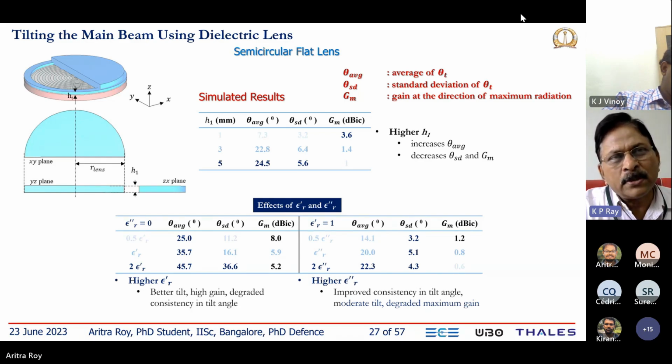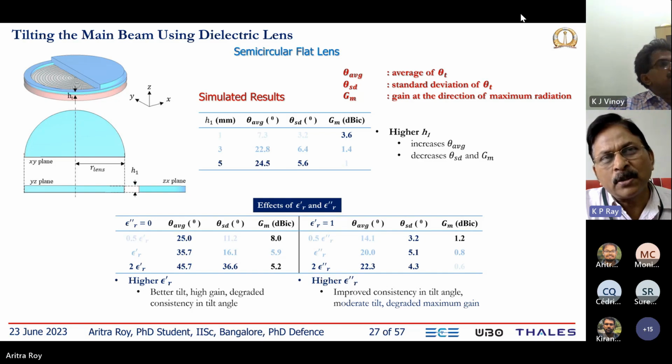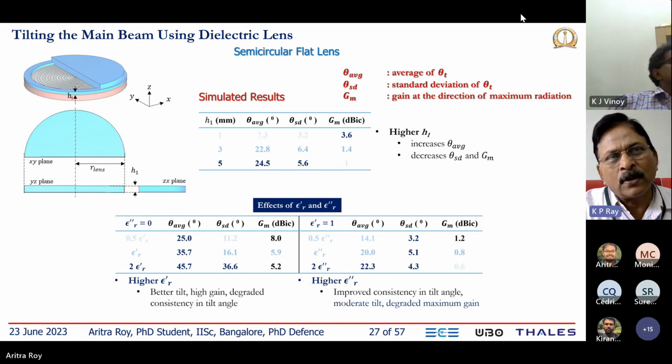Because here the imaginary part represents a loss factor, isn't it? Yes. So is it getting damped because of that? You have constant radiation, but then that will get reflected into a reduction in radiation efficiency and thereby gain. So how do you explain?